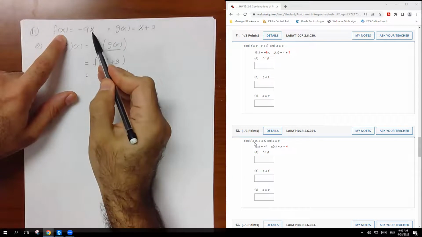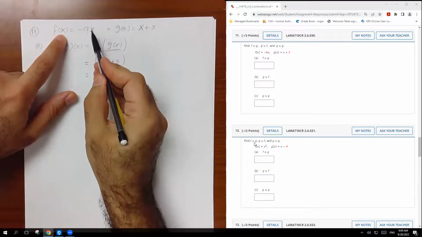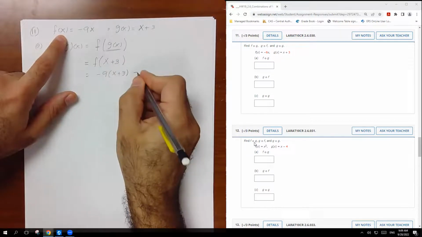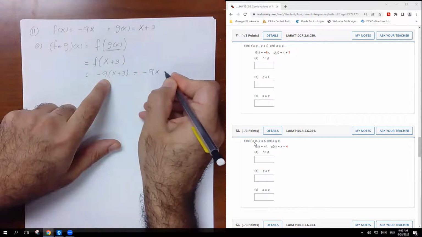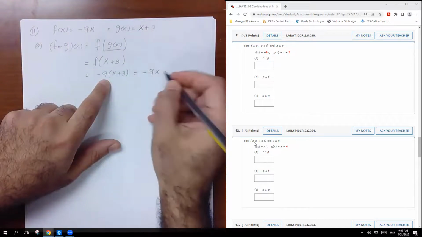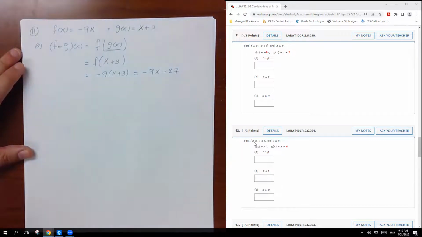What about if I have x plus 3? So I'm going to put x plus 3 here. Now I just need to simplify it. Distribute, so it's going to be negative 9x. Negative 9 times 3 is going to be negative 27. So this is the first one.